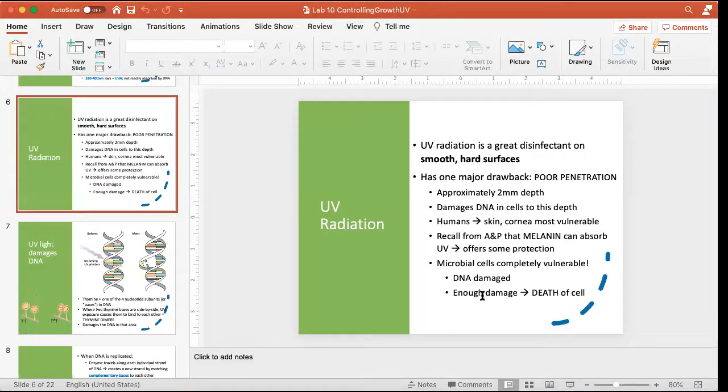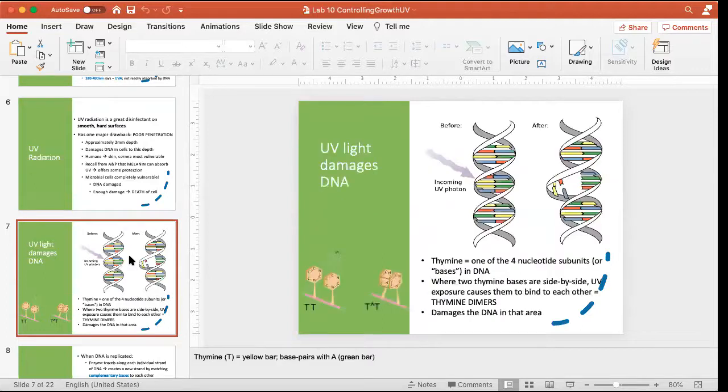All right. So let's talk about what exactly is happening to the DNA molecule when it gets hit with ultraviolet radiation. Just as a quick review of the structure of DNA, remember DNA is a double-stranded molecule in living cells, and living cells all contain DNA. This double helix is held together through what we call base pairing.